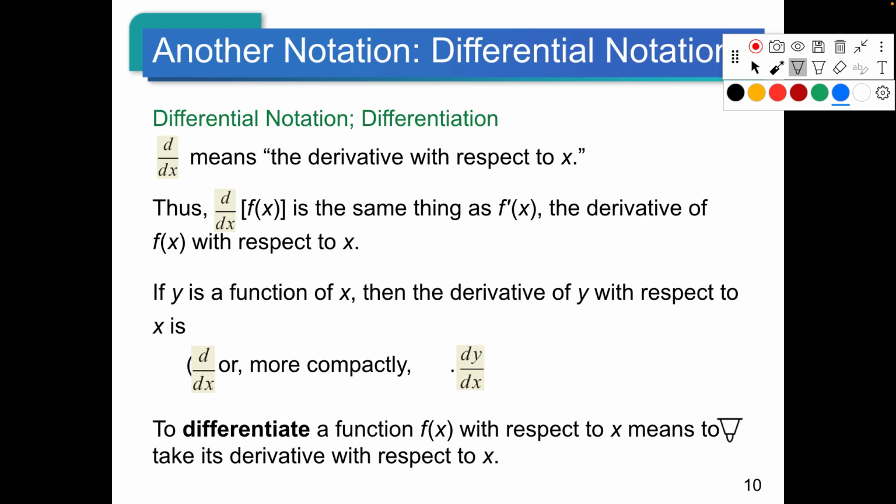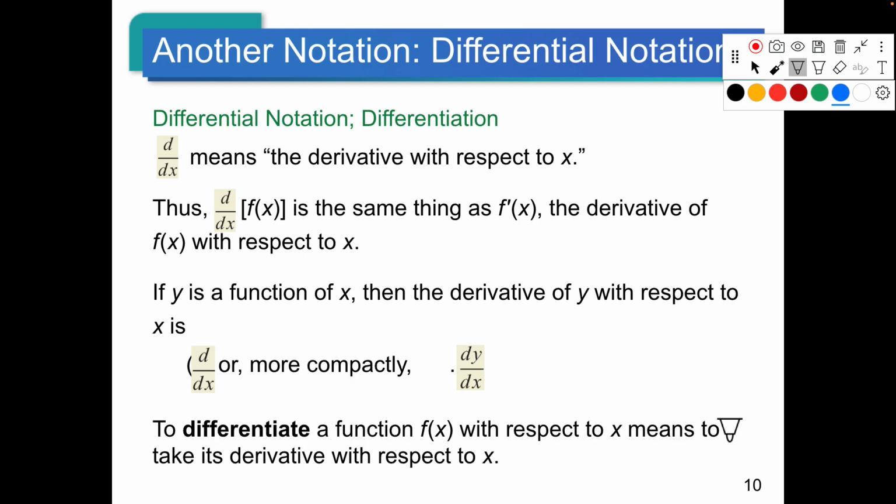Okay, and again, you can go through here. d dx of x is the same thing as this. For me, I'm just going to stick with one notation for now until I get comfortable doing it, and then we'll use this down the road. It does have some advantages later on. So d dx is just the derivative with respect to x, or if we've got another variable, dy dx.